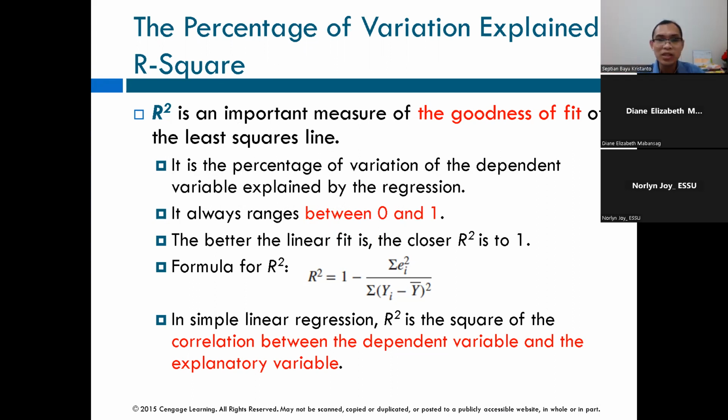It ranges between 0 and 1, or maybe 100%. So it's better for the linear fit to be closer to 1. The correlation between the dependent and explanatory variable is expressed in the R square score between 0 and 1.